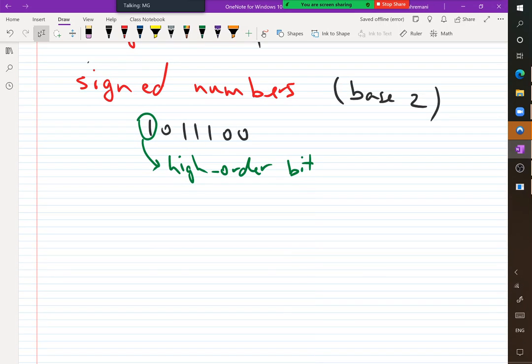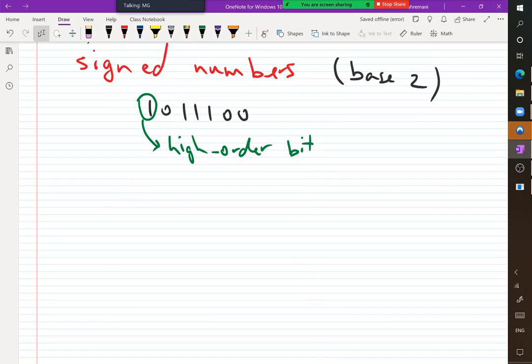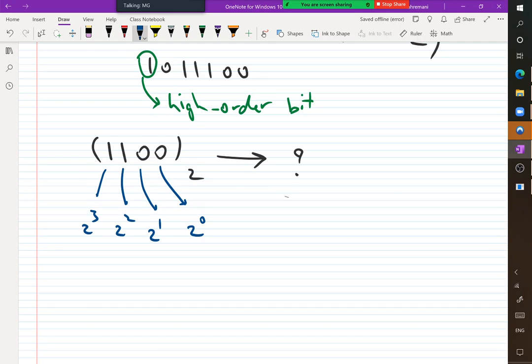Okay, so let's have a simple example. Let's say we are talking about an unsigned number. If we have the number 1100 in base 2, and we want to see what the value of this number is in base 10, it's simple. This one is 2 to the power of 0, this one is 2 to the power of 1, 2 to the power of 2, and 2 to the power of 3.